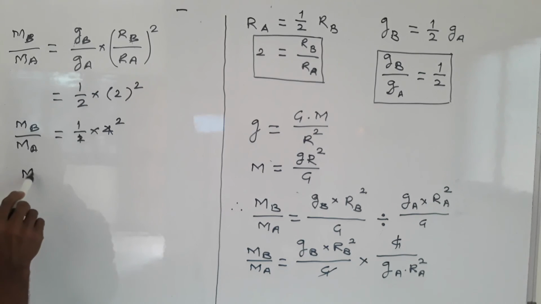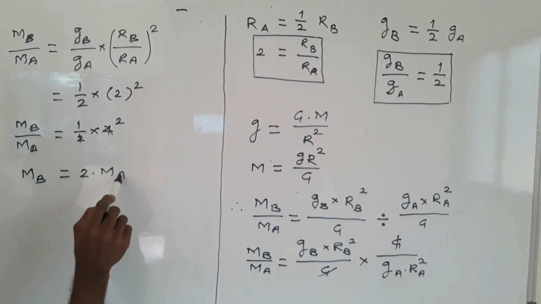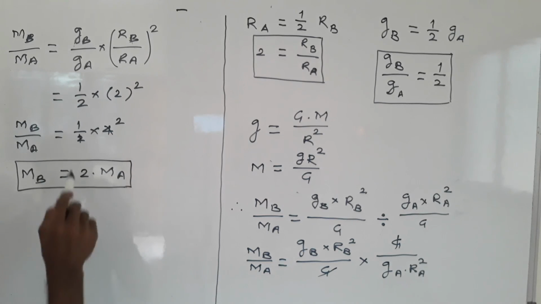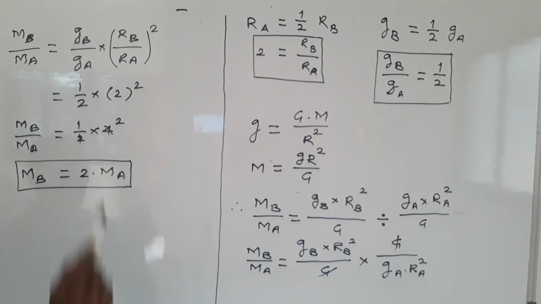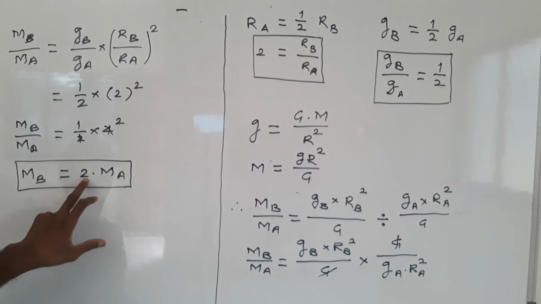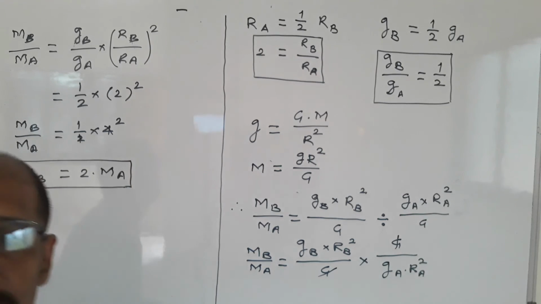Therefore we take this MA to the right side. Therefore 2 into MA. Finally this is our answer, and we say that the mass of planet B is 2 times the mass of planet A. This is our final answer.